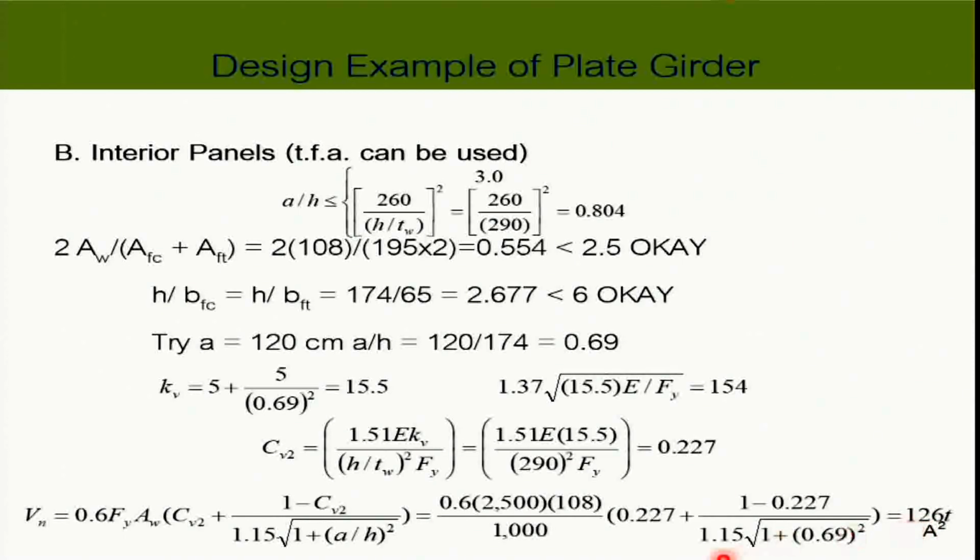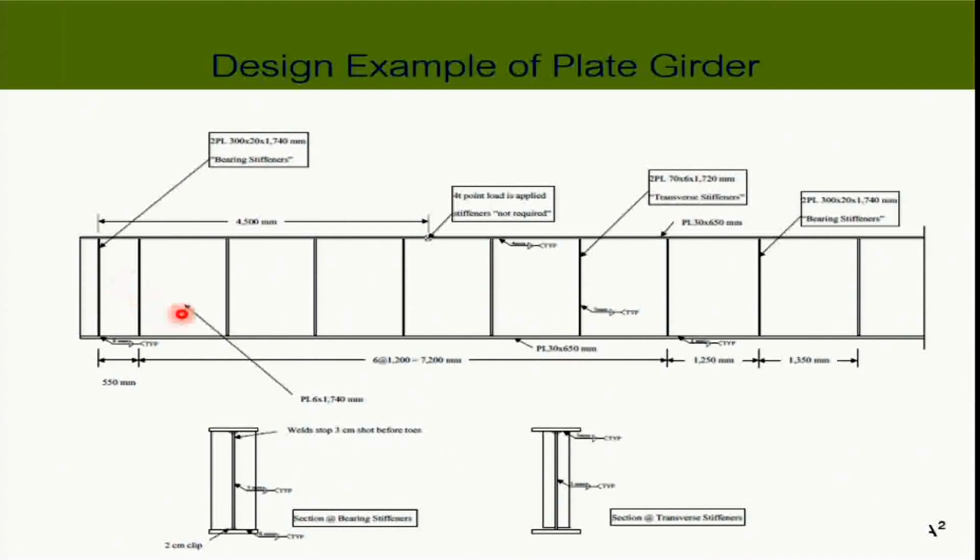So with tension field action, we can design the web to undertake that much shear. Okay? And that is why we can use the thin web for the beam if we know how to provide the stiffeners and design the panels with tension field action. Okay.